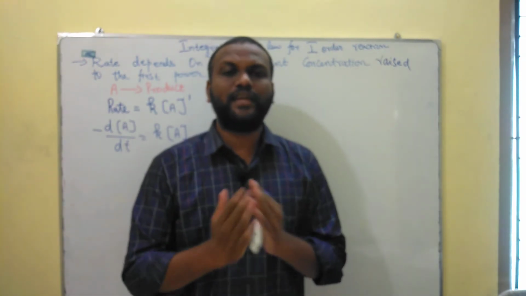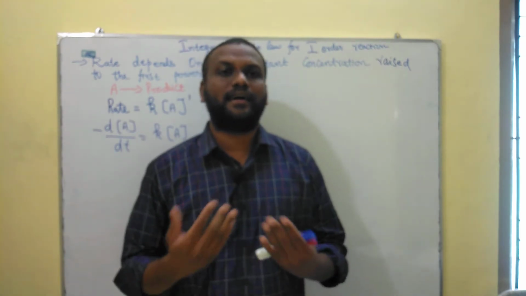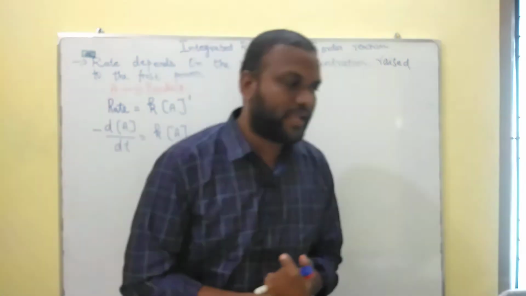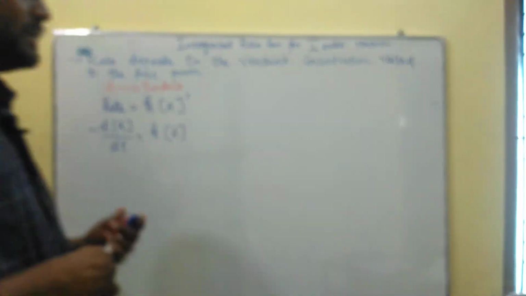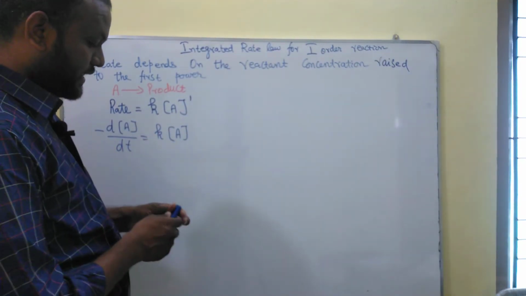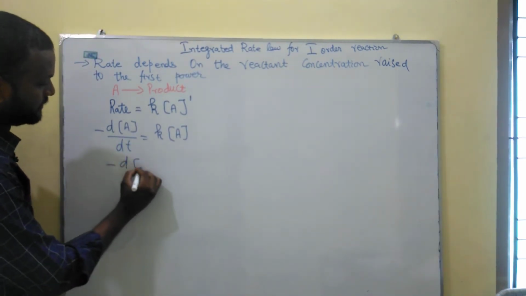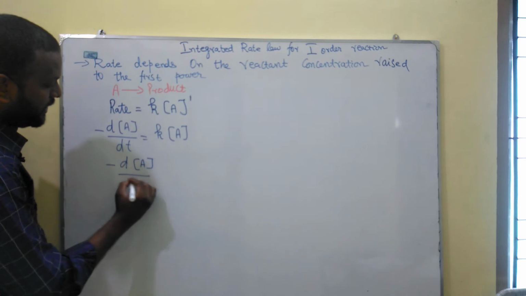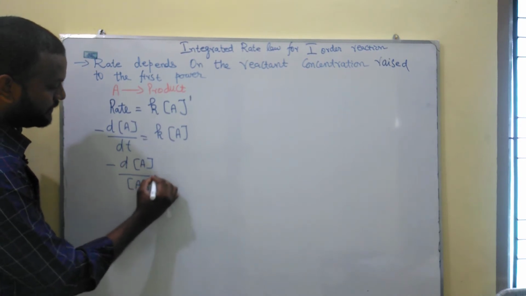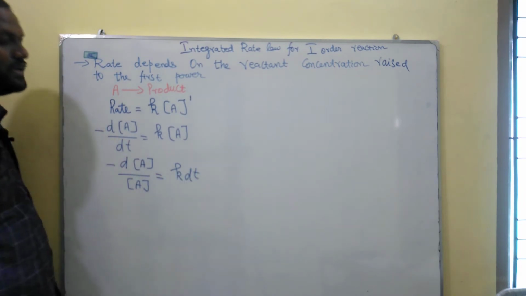We rearrange the reactant concentration and the rate expression for our convenience. The concentration terms we have to take to one side. We rearrange the equation: dA by concentration of A is equal to K into dt.